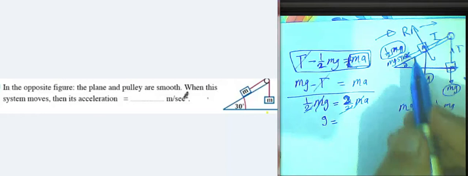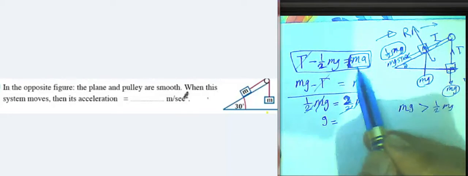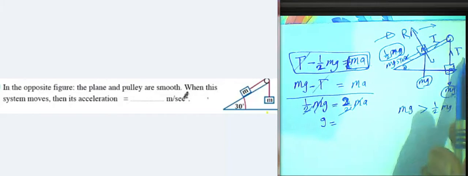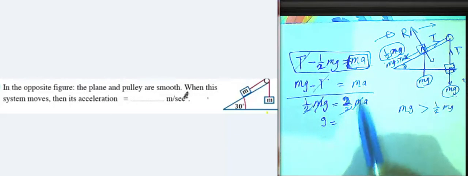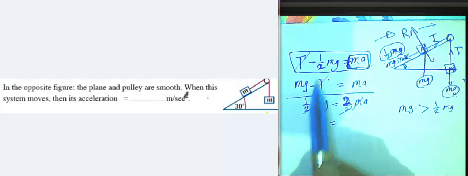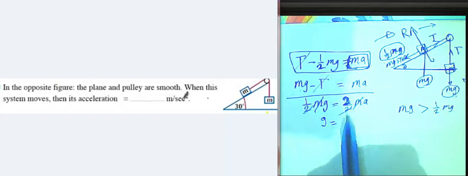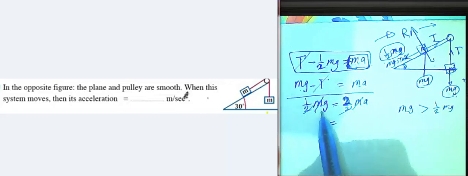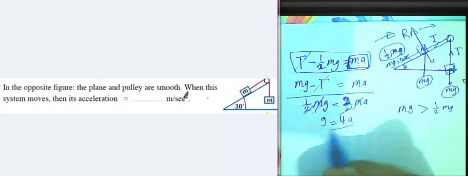Again, the weight here was m, so T subtract half mg equal ma, and mg subtract T equal what? Equal ma. If we add them, the result will be mg subtract half mg equal half of mg, and 1 plus 1 equal 2. We can cancel m with m, and g equal 4, 2 times 2 equal 4, 4a.